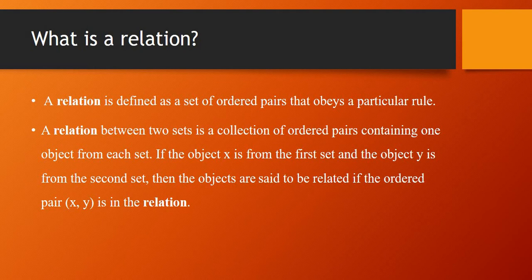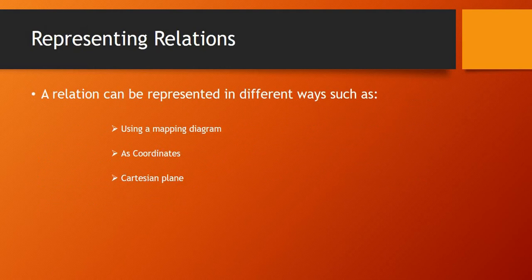If the object X is from the first set and the object Y is from the second set, then the objects are said to be related if the ordered pair X, Y is in the relation.